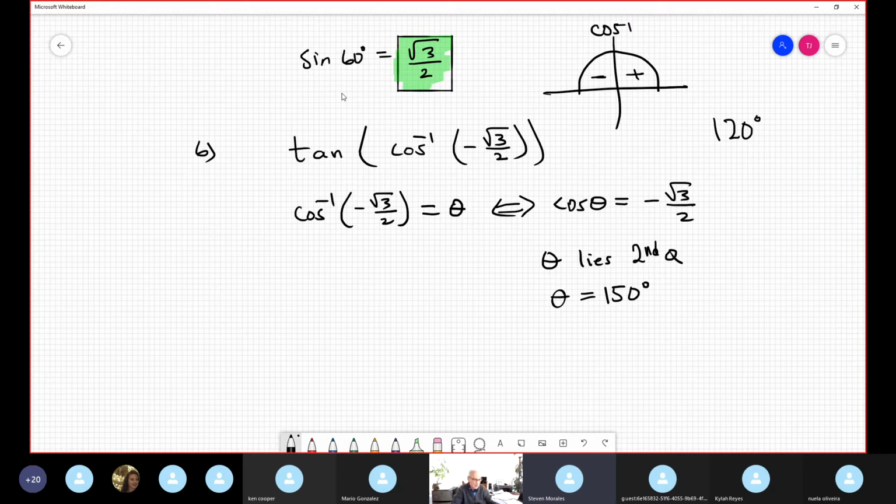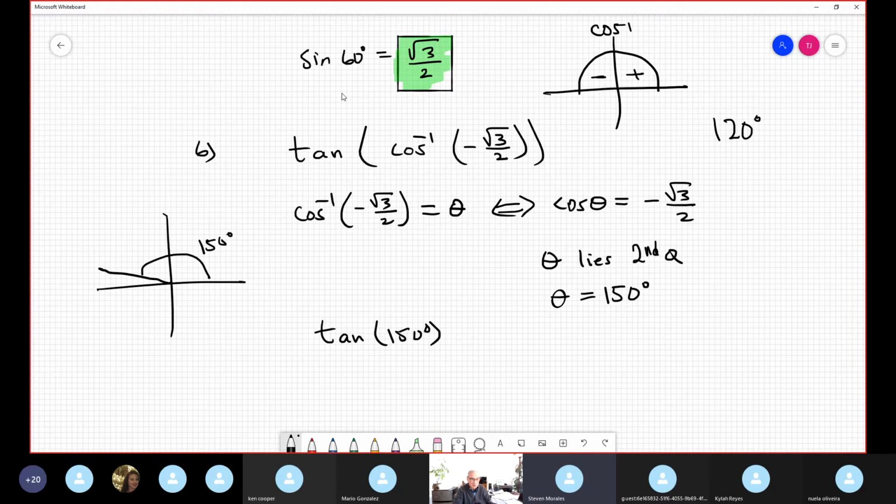And finally, I need to compute tangent 150, no? And tangent 150, I have no idea. 150 lies here in this quadrant, no? Here, 150. But I know the idea of the reference angle, no? Do you remember the reference angle? This angle alpha.